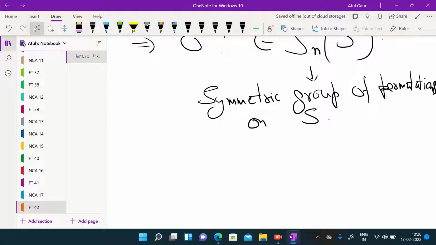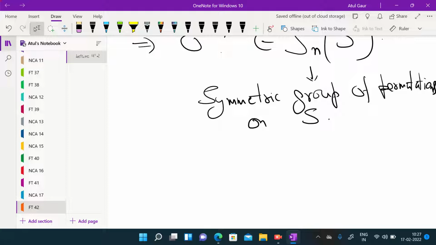Let me repeat. We started with a separable polynomial. Then we considered its minimal splitting field, which will be the Galois extension over the base field. So we started with a K-automorphism on E, and with that automorphism we have obtained a permutation on the root set. So for every K-automorphism on E, you will get a permutation on S.